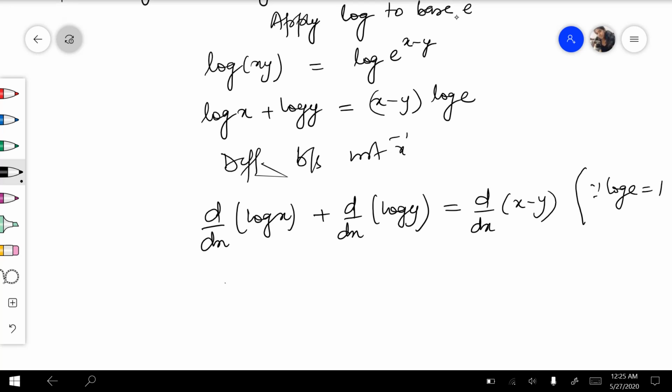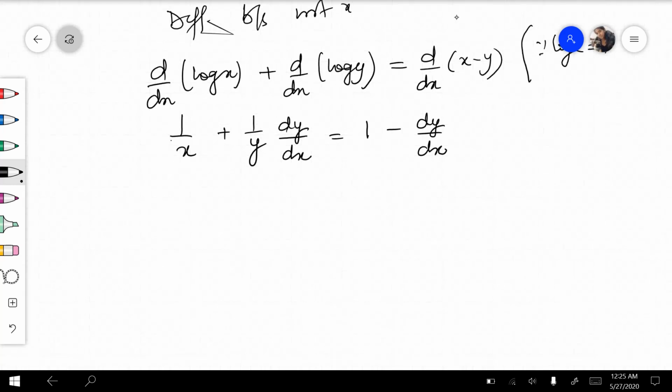Log x ka differentiation 1 upon x plus 1 upon y into dy upon dx is equal to 1 minus dy upon dx. क्योंकि हमें dy by dx फाइंड करना है, तो जिन जिन टर्म्स में dy by dx उनको लेफ्ट हैंड साइड पे. So this gives you 1 upon y dy upon dx plus dy upon dx is equal to 1 minus 1 by x.